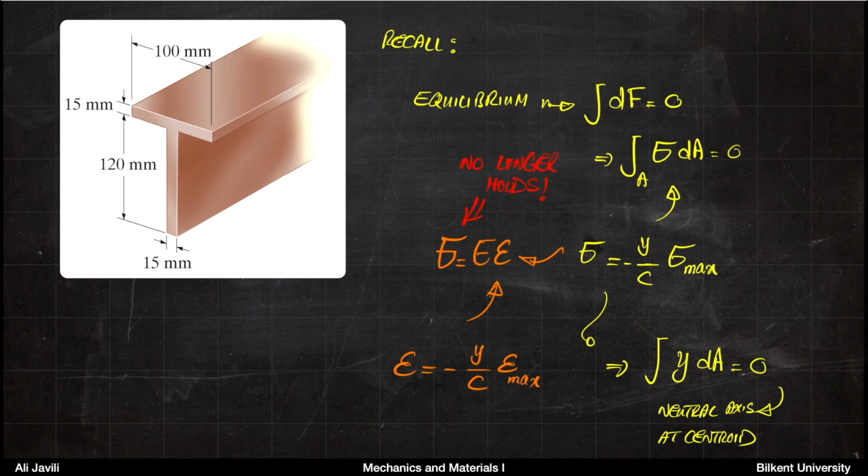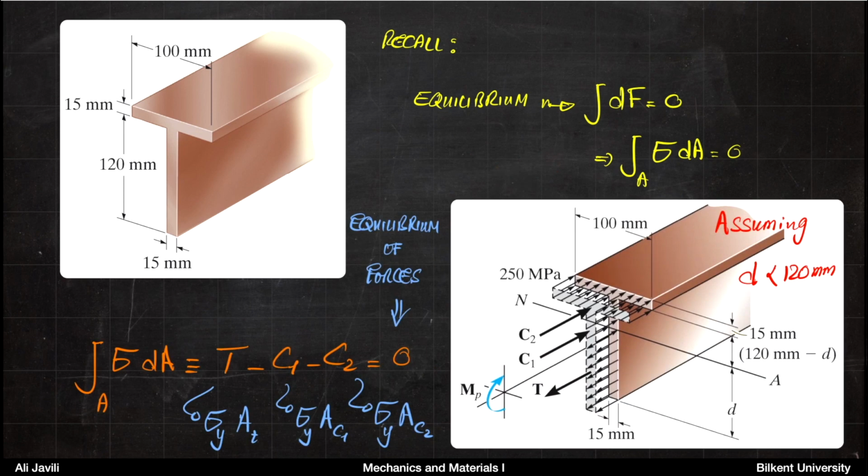So if we knew previously that the neutral axis was here, it doesn't mean that it must be there now. So what we need to do is to calculate the position of the neutral axis first with respect to the cross-section that we have for a fully plastic loading, and then based on the position of the neutral axis, we can calculate the maximum moment itself.